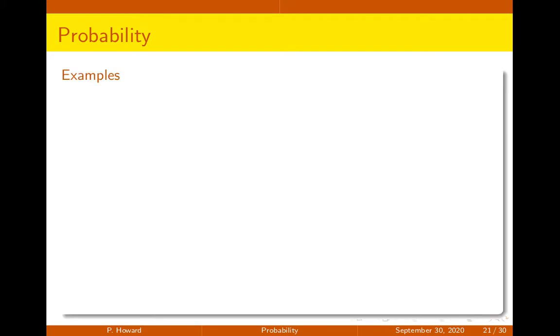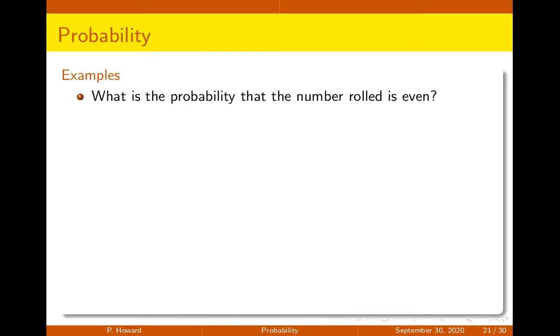So let's try a few examples. What's the probability that the number rolled is even, thinking of probabilities in the way described in the previous slide? Well, you roll an even number in 3 out of the 6 possible outcomes.